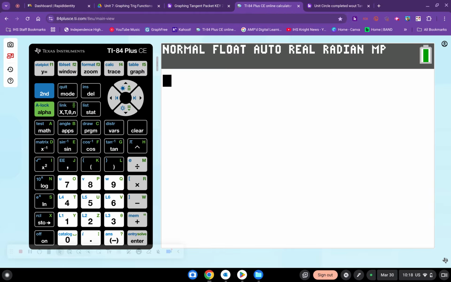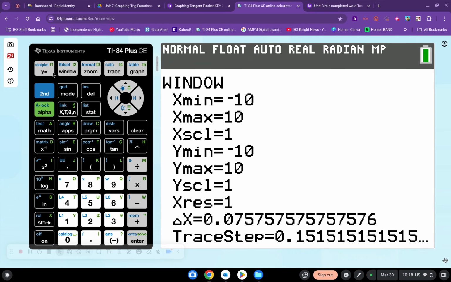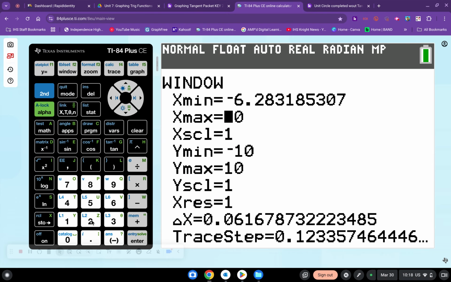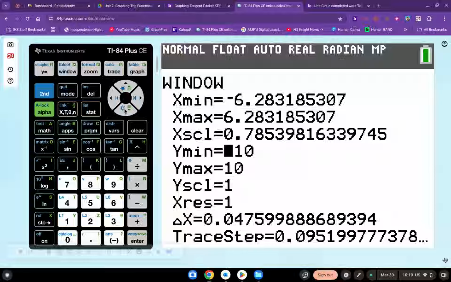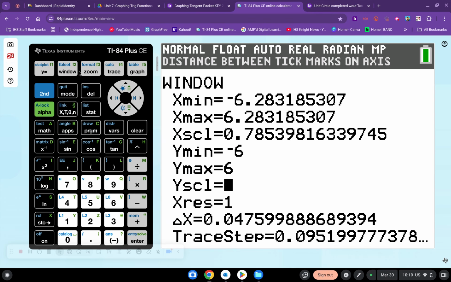So go to your calculator, make sure that you are in radians mode, then use the window button, and let's type in -2 pi, +2 pi. On the x-axis, we want to use a scale of pi divided by 4. Y max and min, we can put in -6 to +6.